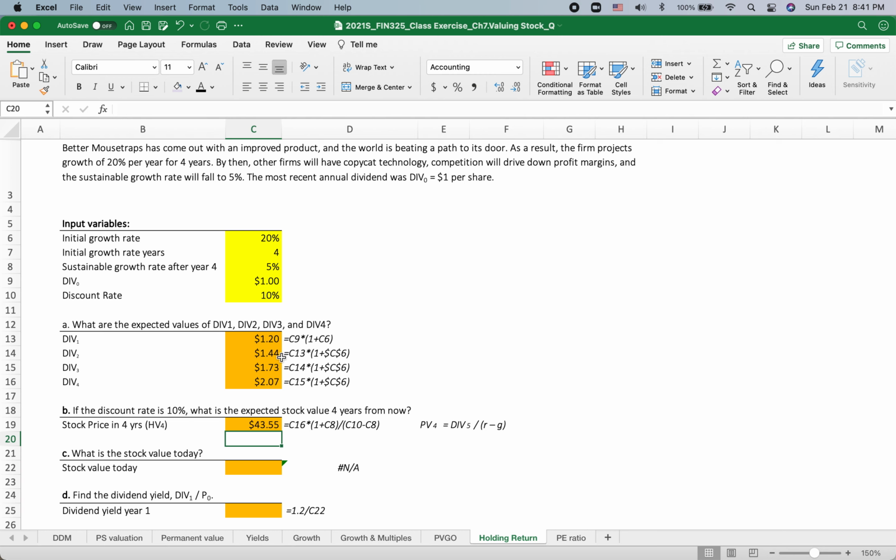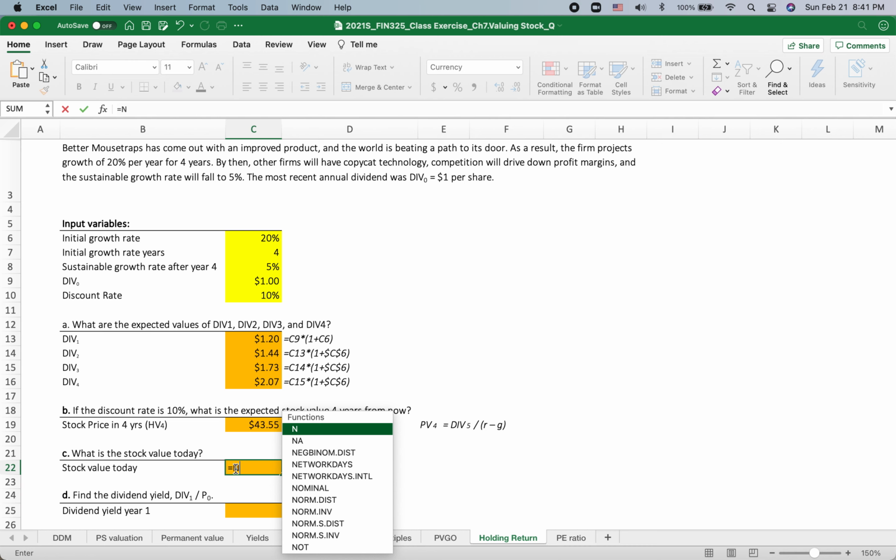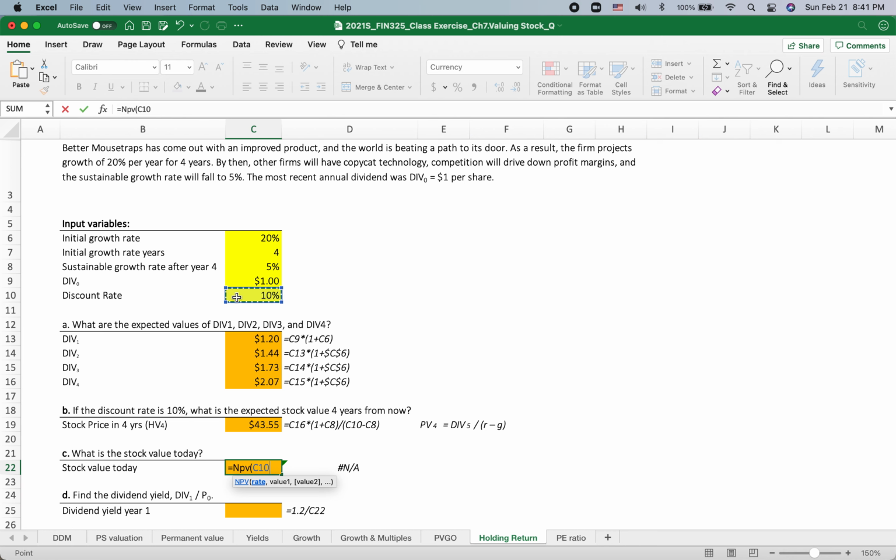What is the stock value today? Now we have to use, as you remember, the NPV function. NPV starting from this discount rate. Then dividend 1, dividend 2, dividend 3. Those are the future cash flows. And then, once again, dividend 4 plus the last year. That is the future cash flow. What is this future cash flow?